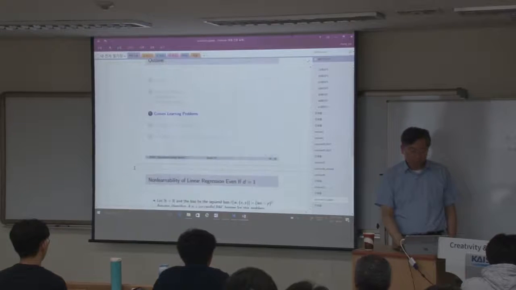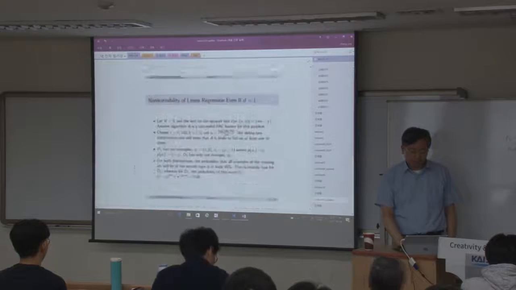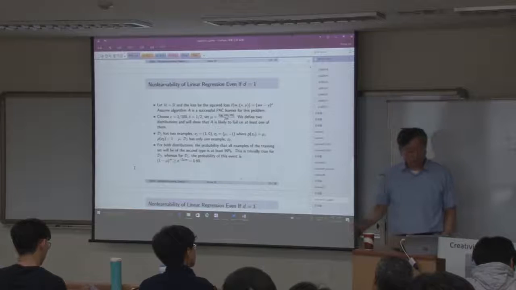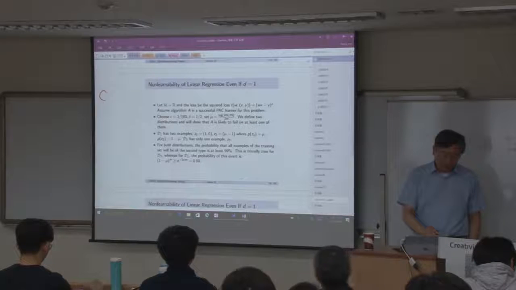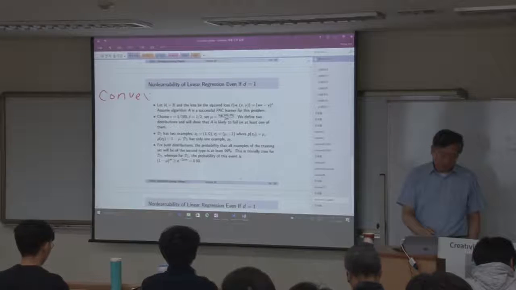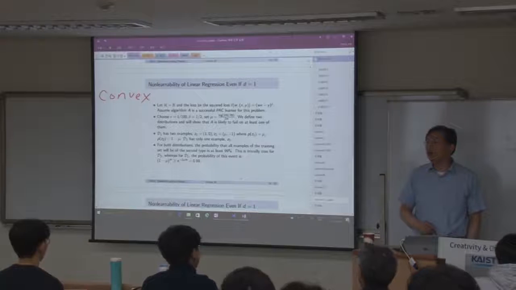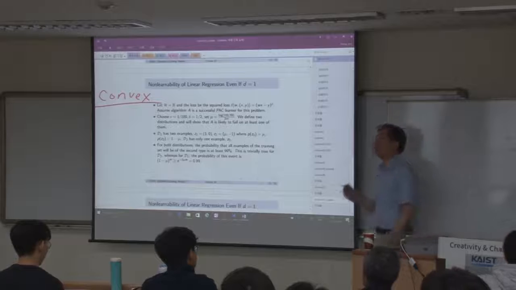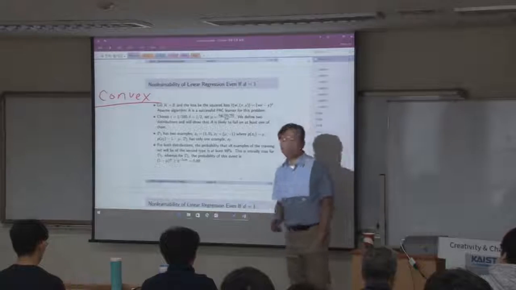I should also like to say that many of you probably thought, oh, if the function that you're trying to minimize is convex, then surely it must be PAC learnable.